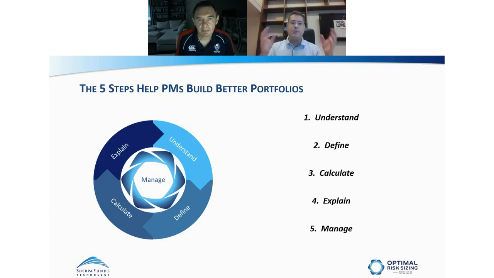And to make the calculation step work, you can't cheat on the rest of the process. And to have the time to learn and understand all of those pieces of the process, and then to learn how to operate another tool, I've almost never talked to a PM who says, you know what I'd really like are more tools on my desktop.